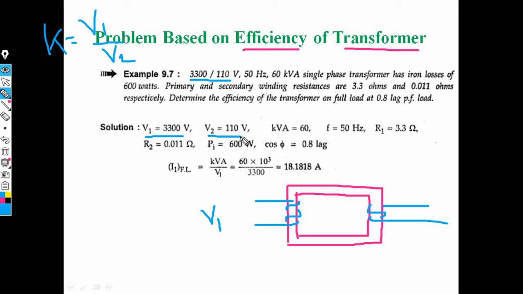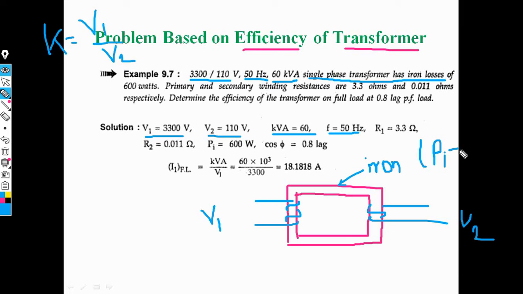Then V2 is here, but the kVA rating of the single phase transformer is 60, that is given here. Then frequency is 50 Hz. The single phase transformer has iron losses in the core. This is the iron core, and the symbol of iron losses is Pi.